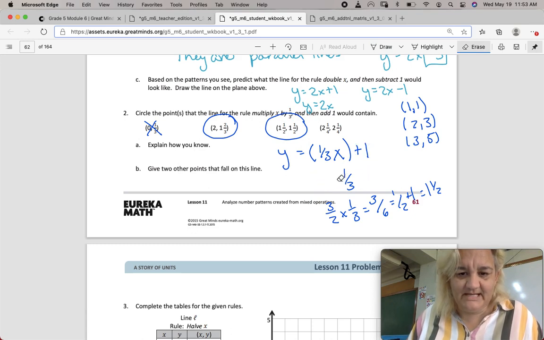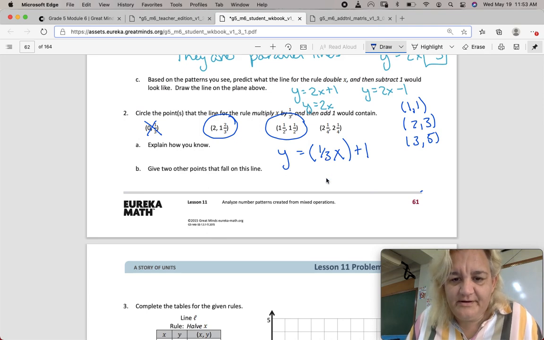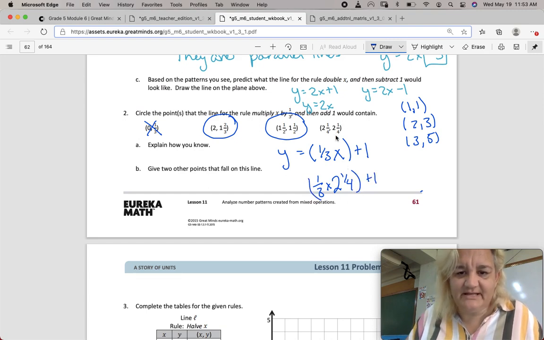Now, the next one, 2 1/4, I don't think that one's going to work. I can tell already. And you should be able to tell already as well. So let's try it. 1/3 times 2 1/4 plus 1. So that's what we're doing to try and find this answer.